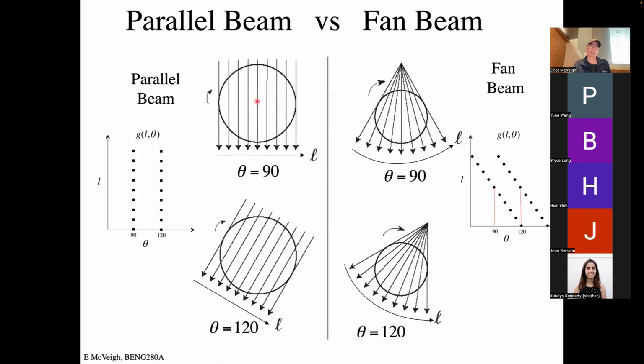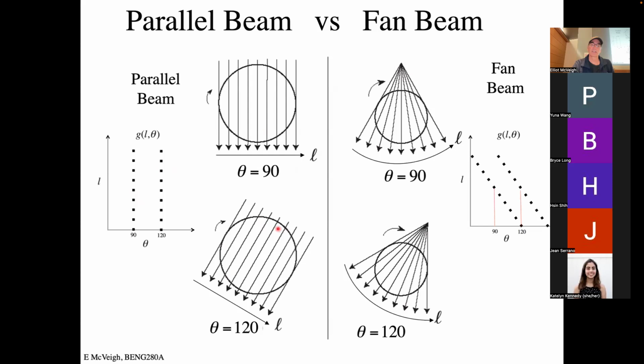We'll say it's 90 degrees, and here's L along here. For theta equals 90, I will measure each readout, G(L, theta) along L, and it'll map this way. So here's L and here's theta. I'm creating G(L, theta) by drawing vertical lines in this two-dimensional plot.